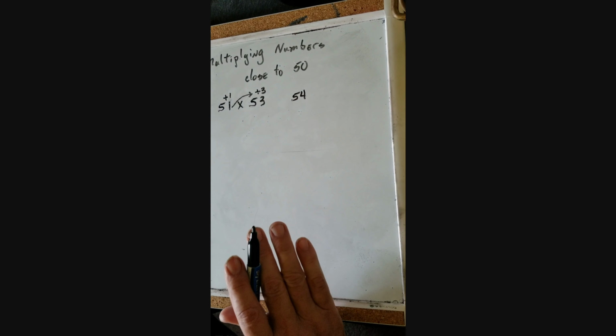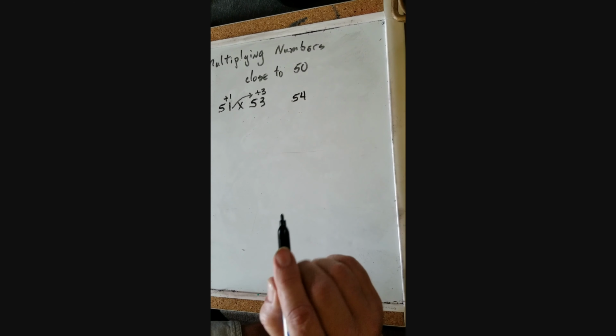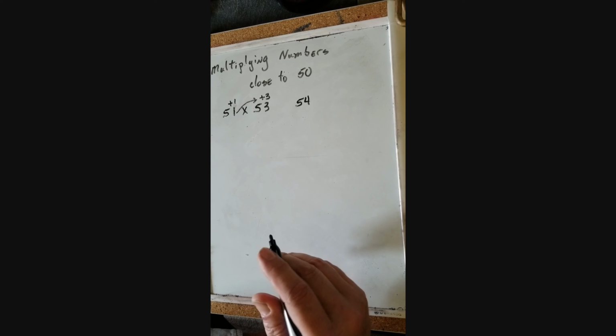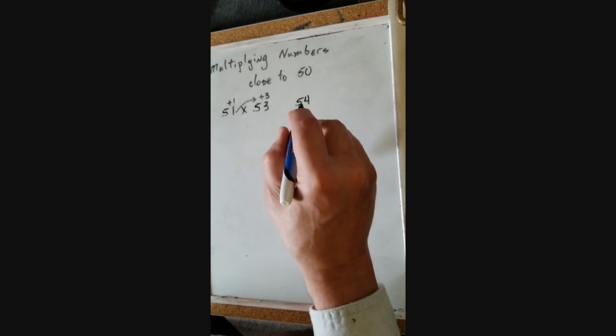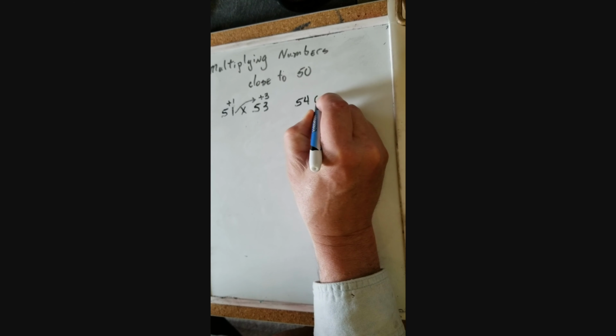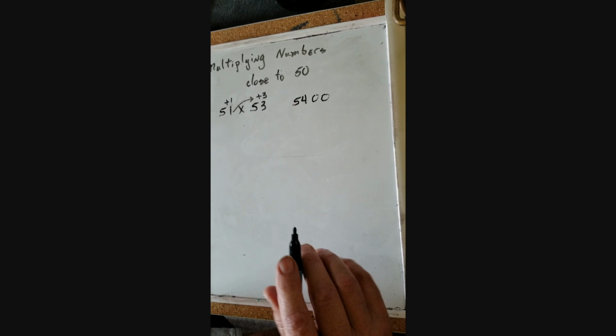And then, since it's close to 50, I'm going to multiply it by 100, because multiplying by 100s is easier than multiplying by 50. So 54 times 100 is 5400. Now we divide by 2.